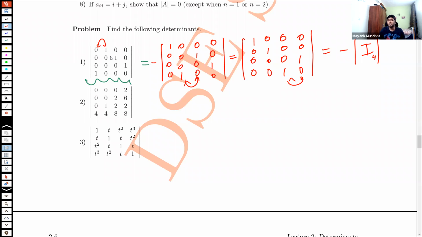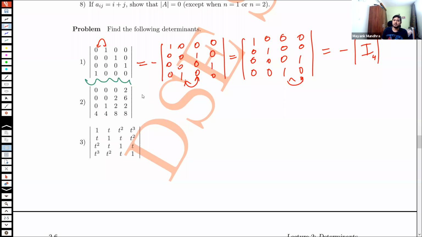So all you needed to do is figure out how many exchanges are required, right? I mean, it's not that difficult. So you can do that. Similarly here, what's going to be the determinant value? Obviously, I know it for a triangular matrix where these entries are non-zero, but I don't know it for such a triangular matrix because the diagonal is opposite. So obviously, I want to convert it into my general format and then talk about the determinant.